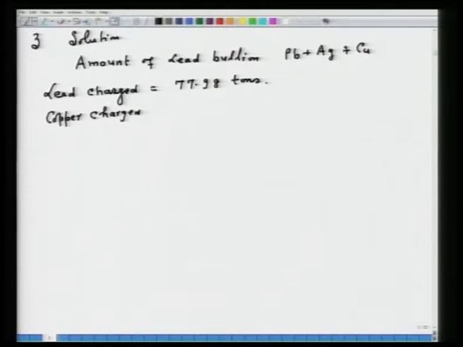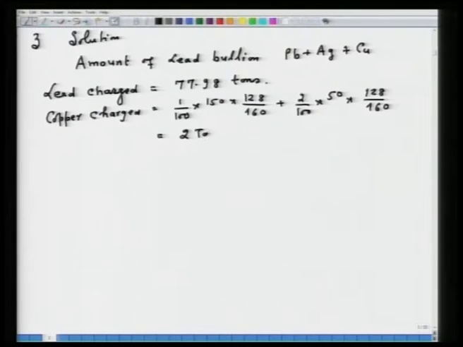So, the copper charge will be equal to 1 upon 100 into 150 into 128 upon 160 plus 2 upon 100 into 50 into 128 upon 160. You have to convert also: if Cu2S is given, then accordingly copper. That will come out to be equal to 2 tons. That means total copper you are charging is 2 tons.